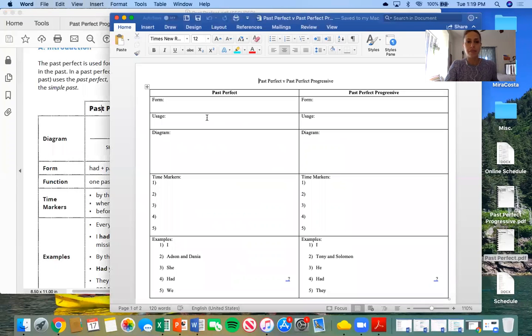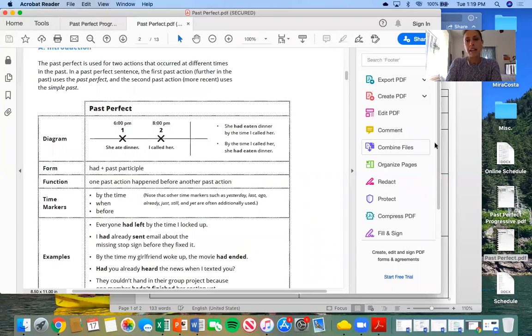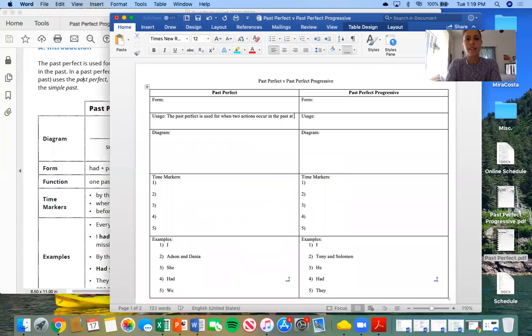So let's write that down. So past perfect is used for when two actions occur in the past at different times, let's say, at different times.